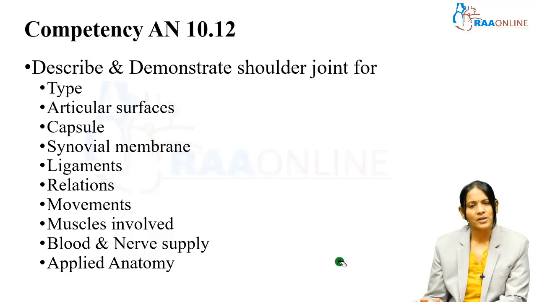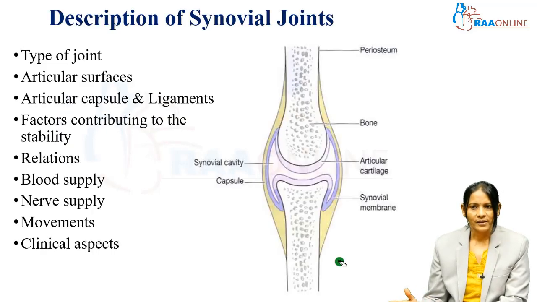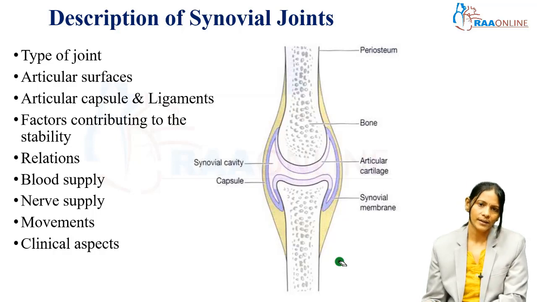So this is what is common for any joint, and this is what we are going to see for shoulder joint also. So this is just to reiterate what we are going to see in the subsequent slides. Whichever is supposed to be covered under the curriculum is what is enlisted here.